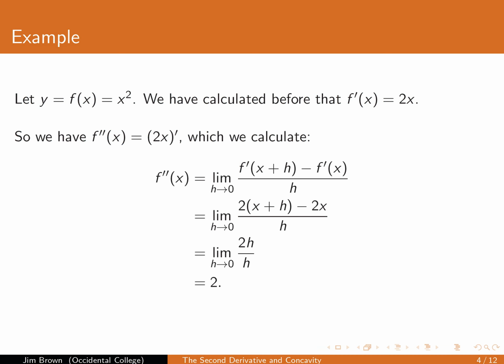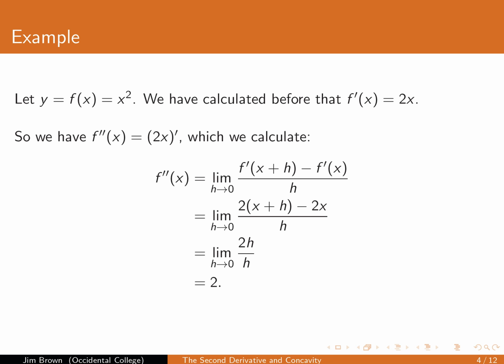So f double prime of x, well, that's the derivative of the derivative. So whereas we normally look at the limit as h goes to 0 with f's there, since we're taking the derivative of the derivative, we look at f prime of x plus h minus f prime of x, because f prime is the function we're taking the derivative of. Divide that by h just like normal.